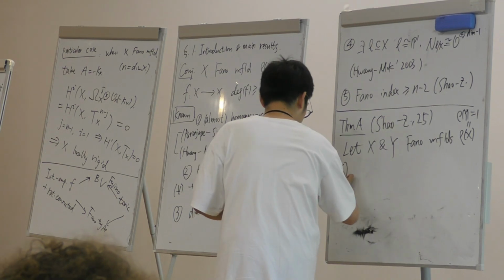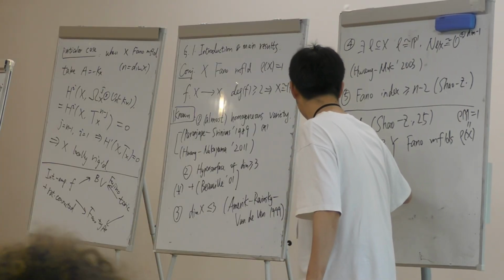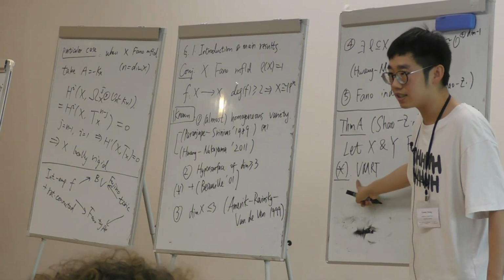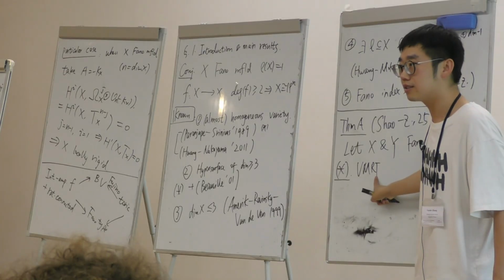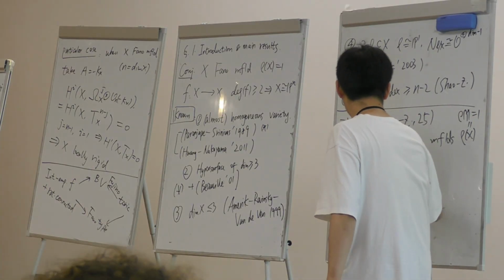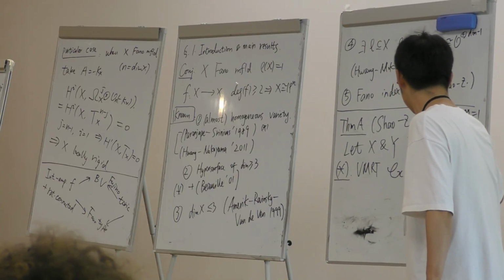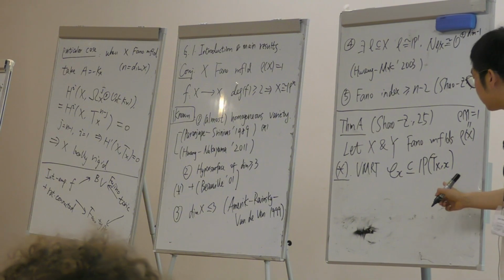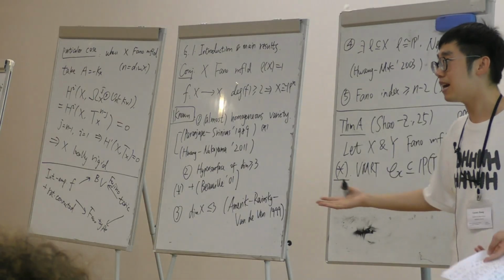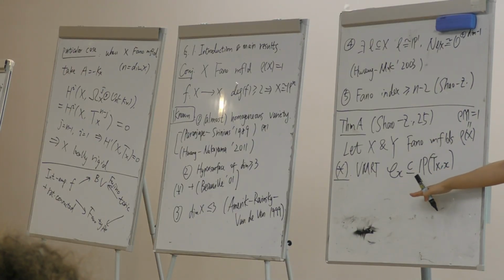So first, the variety of minimal rational tangents, I use VMRT to represent this notion. I will explain this later. So this is short for variety of minimal rational tangents. Okay, VMRT, variety of minimal rational tangents. So this is a subvariety: for each point x, if we consider the projectivization of the tangent space T_x X, the space of hyperplanes contained in this vector space, then we obtain a projective space.